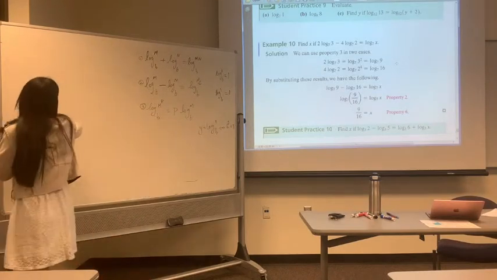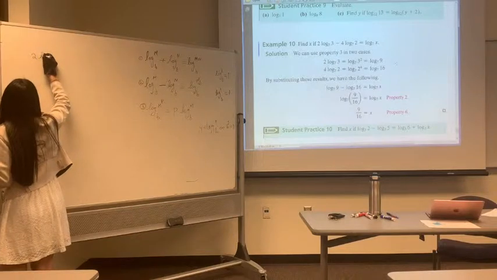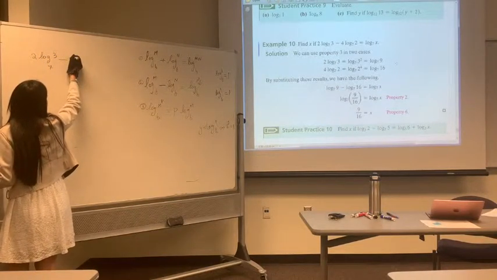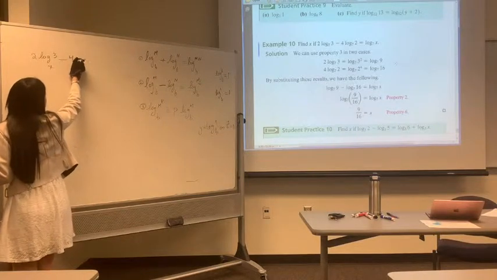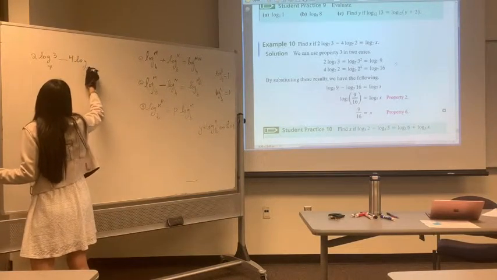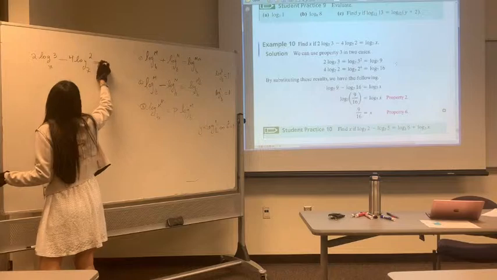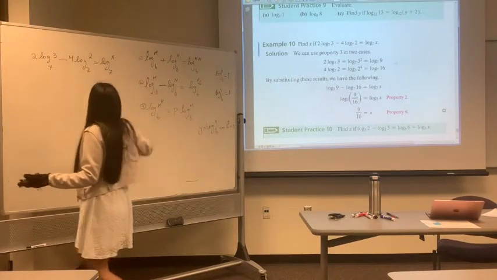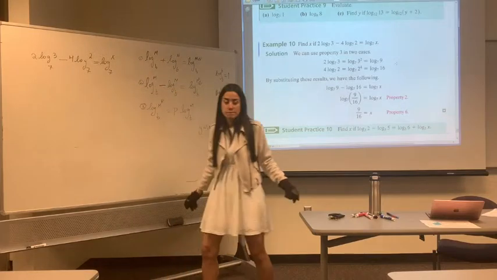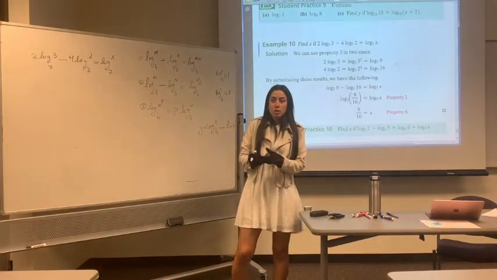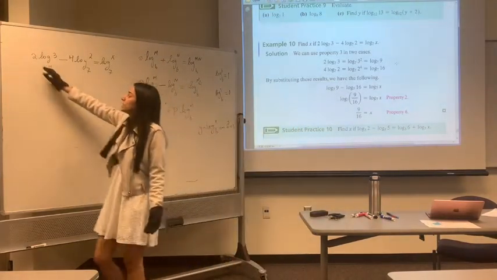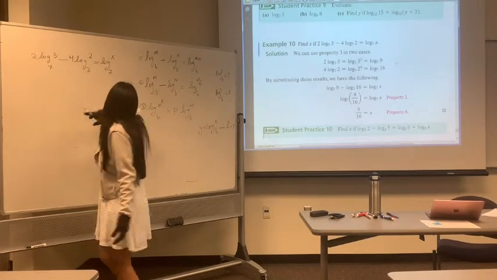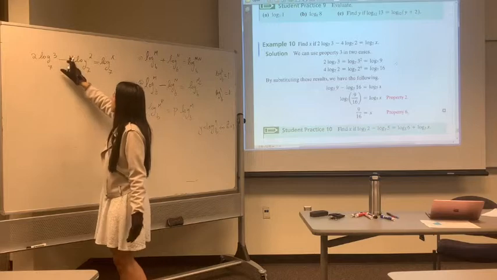So the next one says we have 2 times log 7 of 3 minus 4 times log 7 of 7x. Put these numbers back to the power, and that would be the first step.